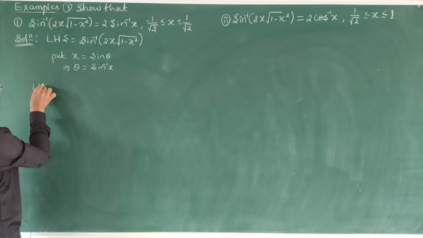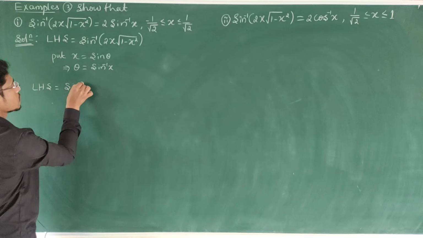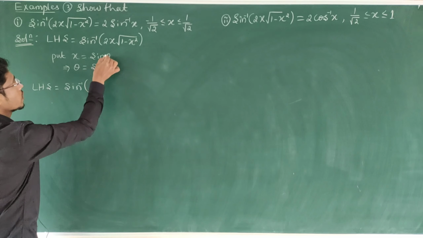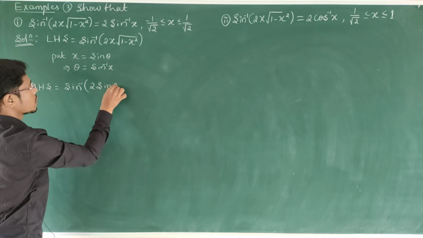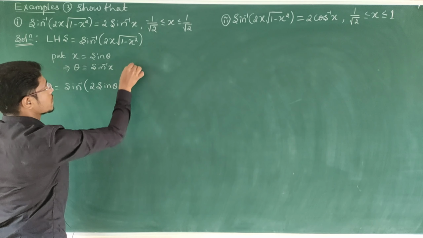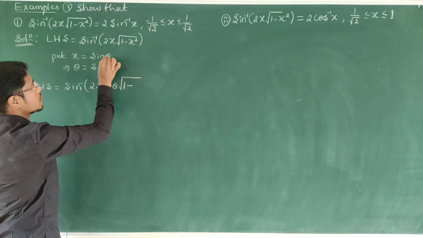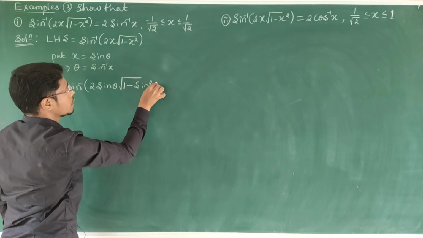So now LHS will become sine inverse of 2 sine theta square root of 1 minus x square. X is sine theta, x square is sine square theta.